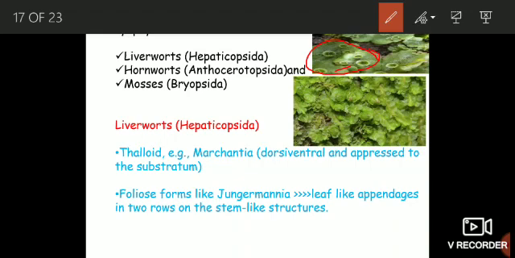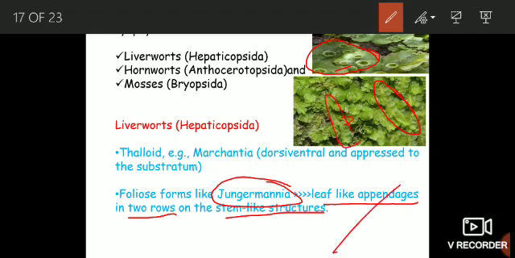And in some cases, in some Hepaticopsida, for example Jungermania, the thallus is having leaf-like appendages, and these leaf-like appendages are arranged in two rows on the stem-like structures. Okay? Here this is Jungermania. You are having leaf-like appendages. Here you can see easily leaf-like appendages. These are arranged in two rows on stem-like structure. This is stem-like structure. Okay.